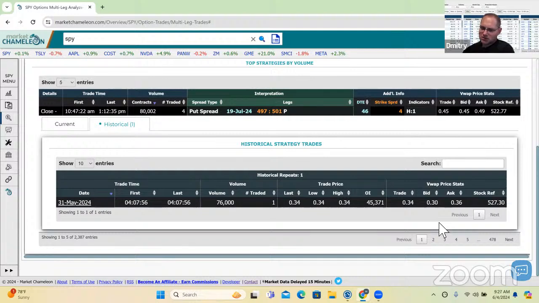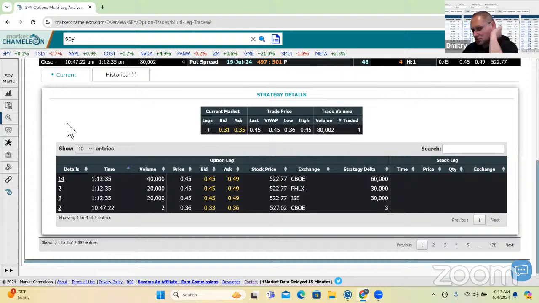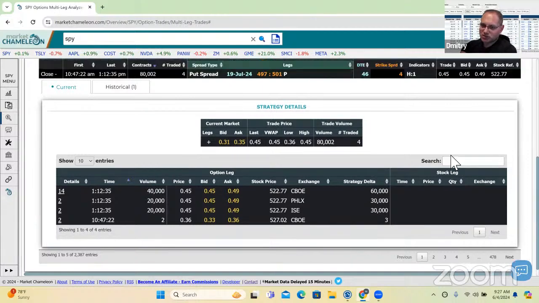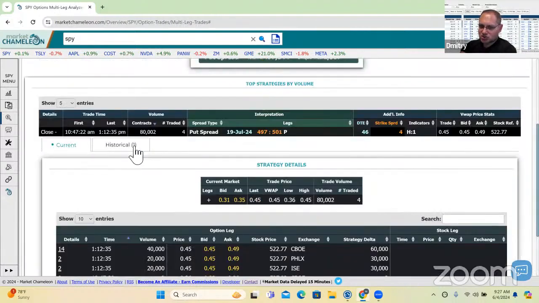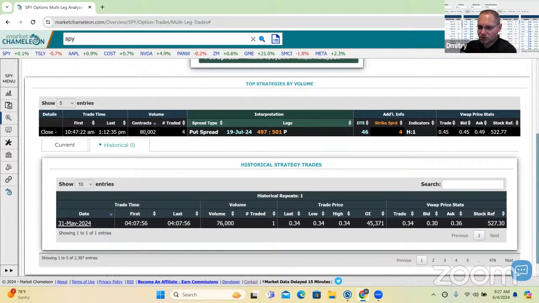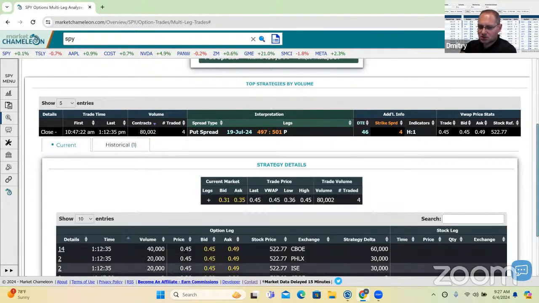And then if we forward from May 31st to yesterday's, it looks like perhaps this same spread, just because the quantities are very close together, they sold this back out.